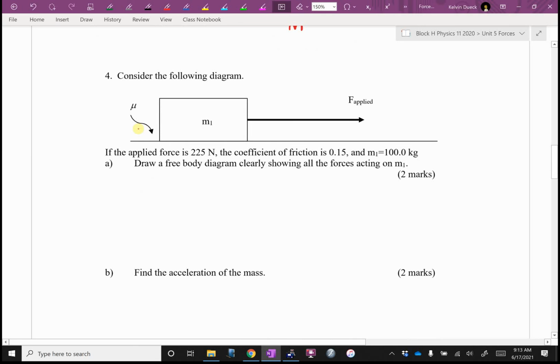Number 4, consider the following diagram. It wants you to draw the free body diagram clearly showing all the forces acting on M1. Okay. What are the forces acting on M1? Gravity. Bigger, smaller, or the same size as mg?